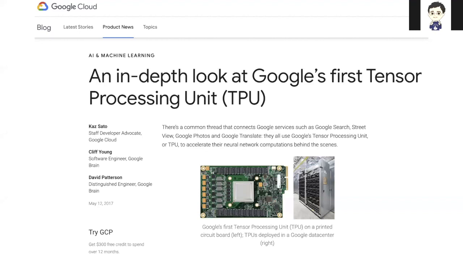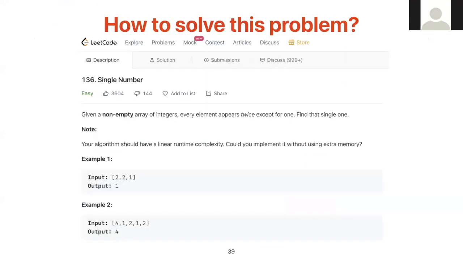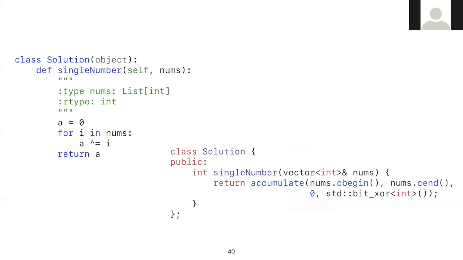Hi, Professor. Can you hear me? Yes. Okay, great. Could we go over that LeetCode question that you showed us? The one about using binary to solve this problem without using extra memory. I didn't really understand the solution.